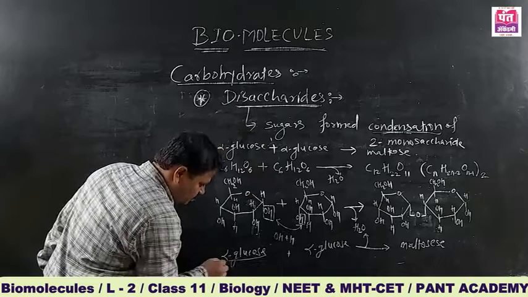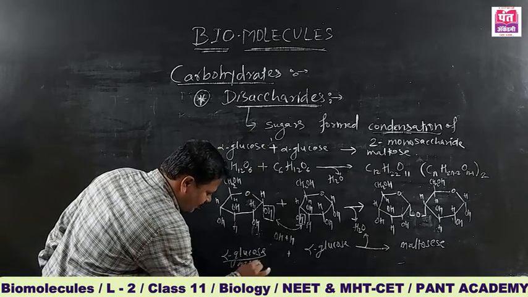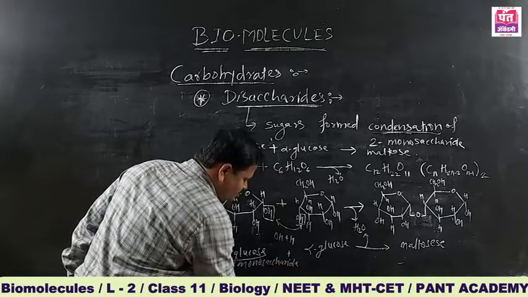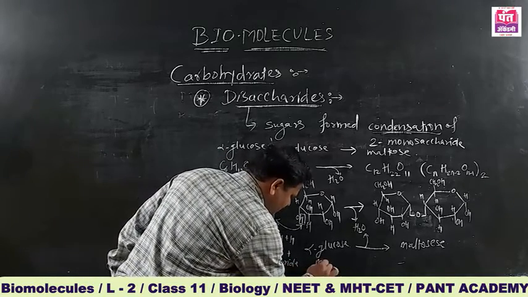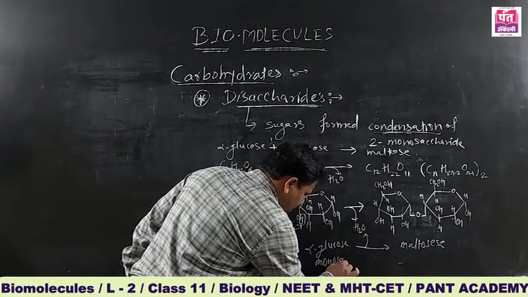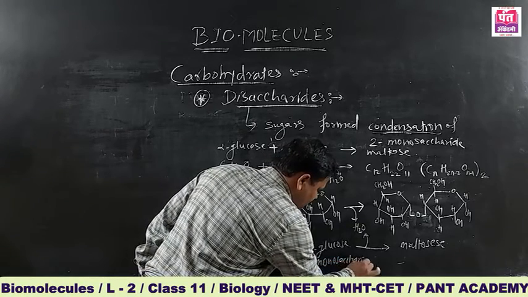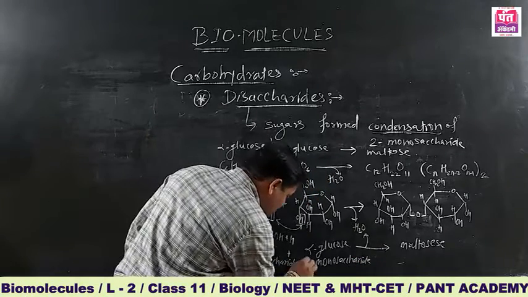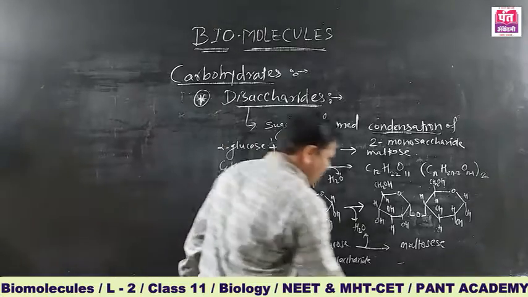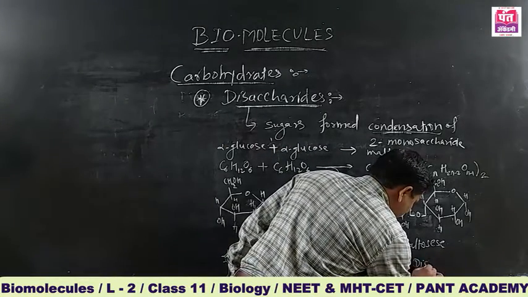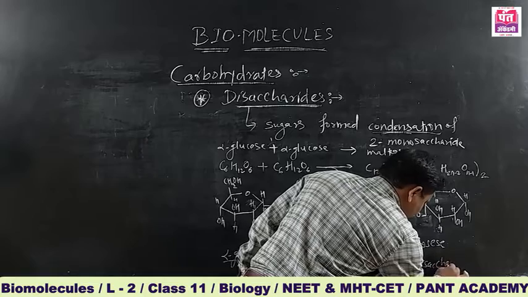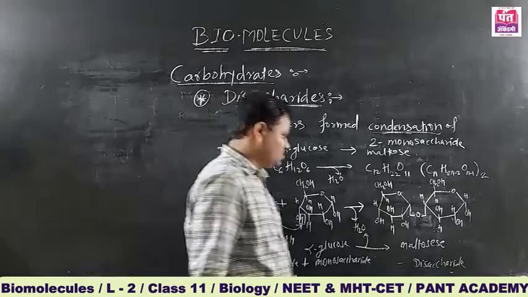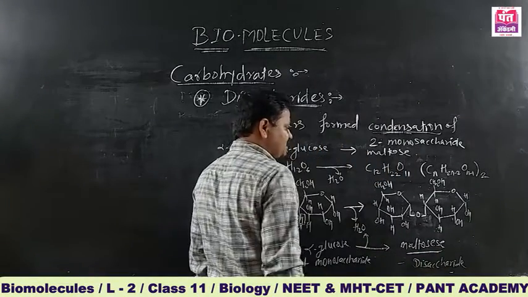In this, glucose is a monosaccharide. Both the glucoses are monosaccharides. These two monosaccharides come together and form a disaccharide. So maltose is a disaccharide.